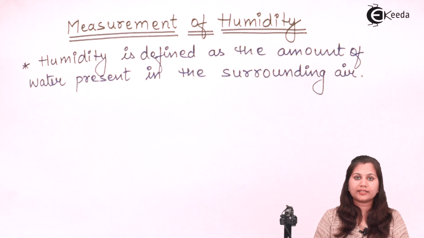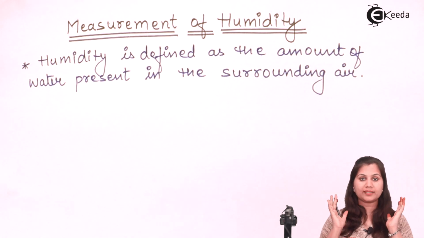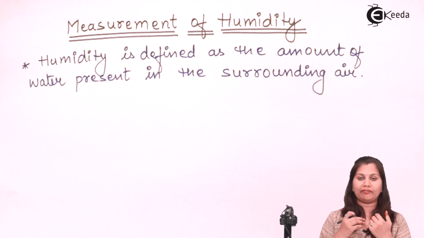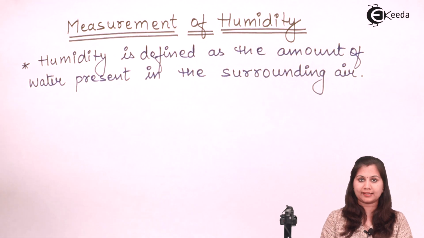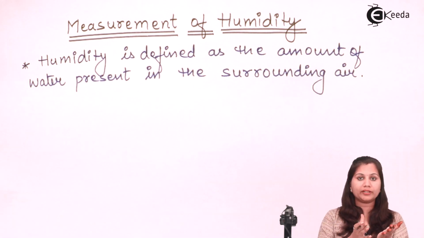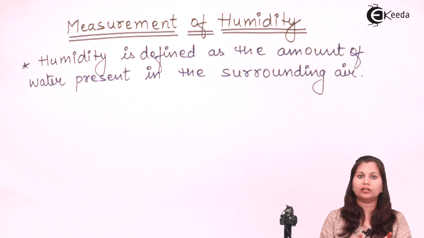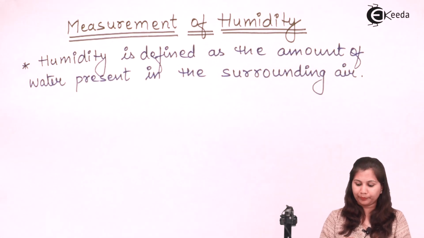So humidity is defined as the amount of water present in the surrounding air. In our surrounding environment we have air, which is a mixture of gases. So how much amount of water is present in that air, that is called the humidity.